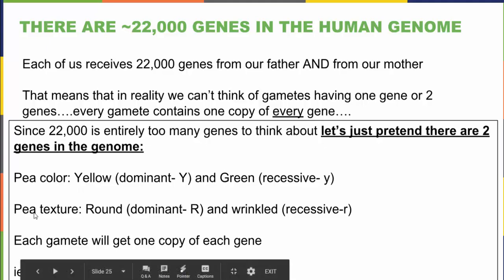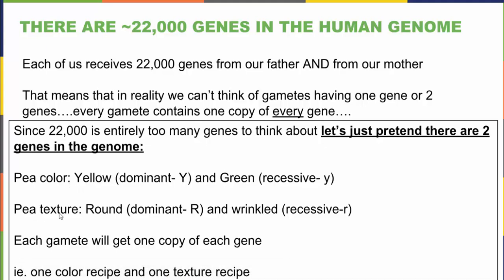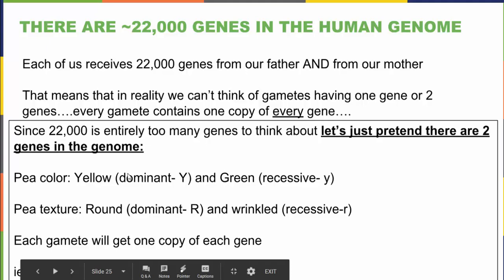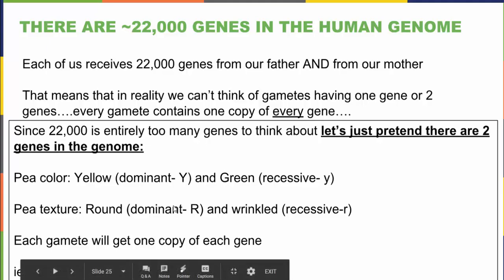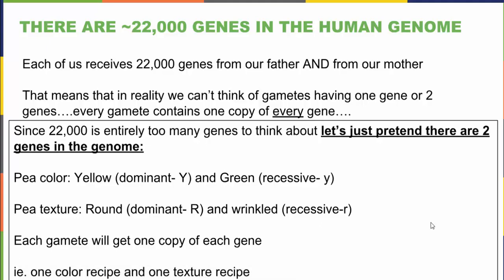The other gene is pea texture. Pea color can come in yellow or green. Yellow is dominant. Pea texture can come in round or wrinkled. Round is dominant. Each gamete gets 1 copy of each gene, which would mean that each gamete is going to have 1 color recipe and 1 texture recipe.